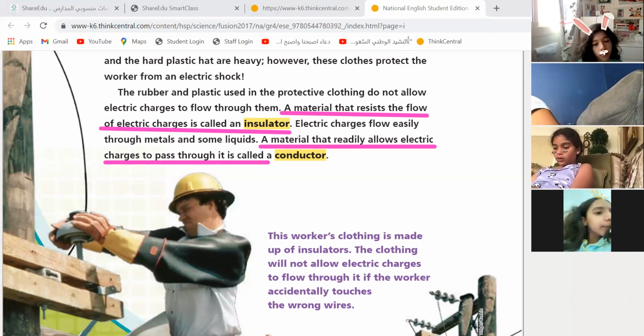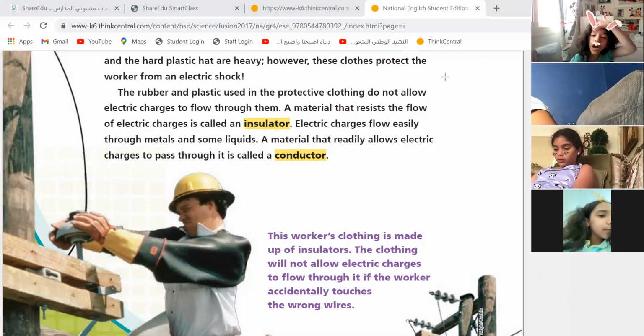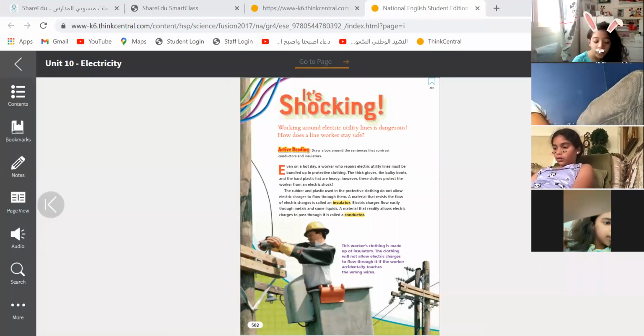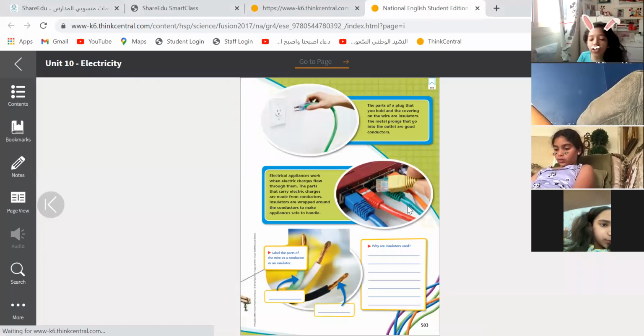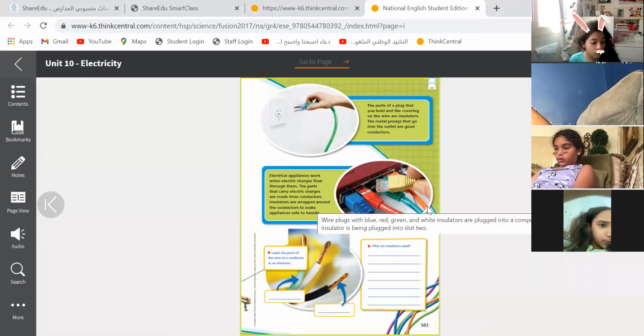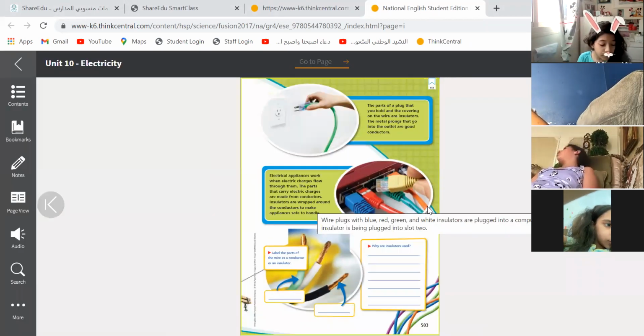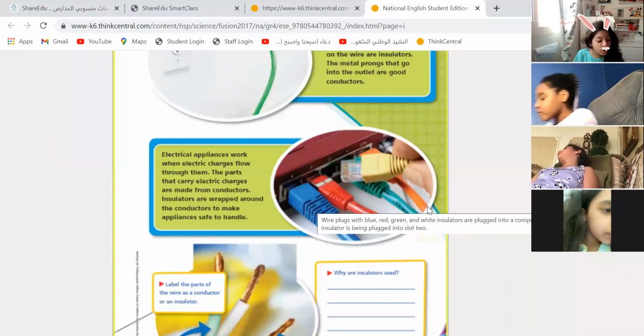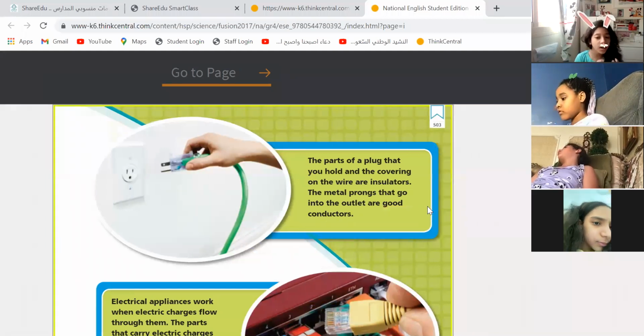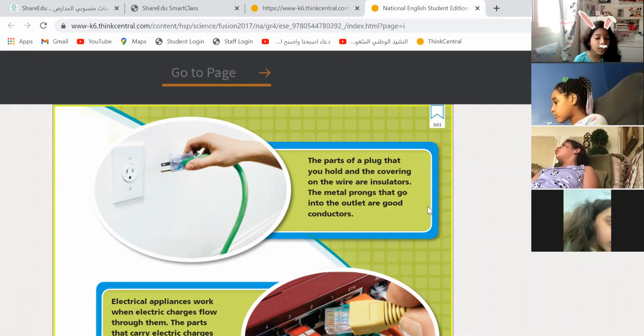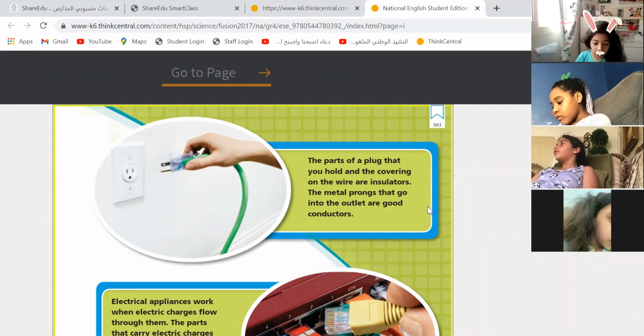All right, girls, let's move on, please. Teacher, I have a question. Yes. With an insulator and a conductor, when you are using electricity, do they do the same thing as with heat, or is it something different?